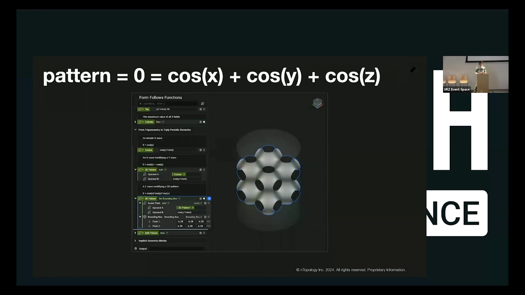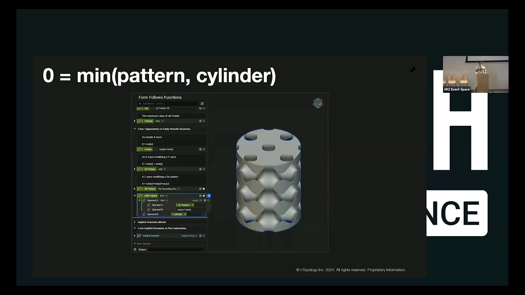By adding 3 together, cosine x, cosine y, cosine z, all of a sudden you have a structure. So infill patterns, which you'll see quite a lot in 3D printing, metal additive manufacturing, or minimal surfaces, all that really is just functions, wave synthesis in space. So turning that into a solid with infill is just saying, actually this shouldn't be min, that should be max, pattern in cylinder.